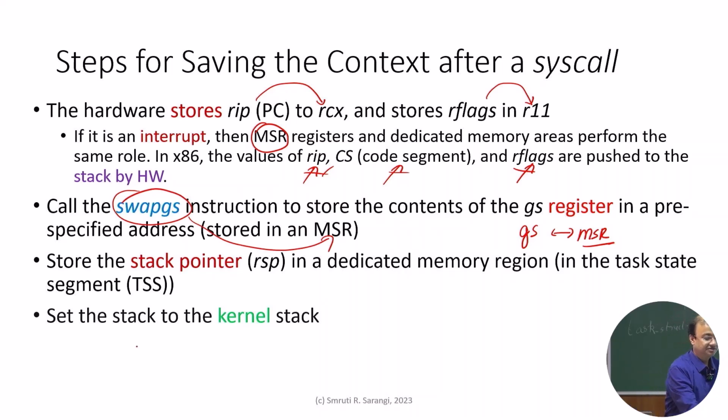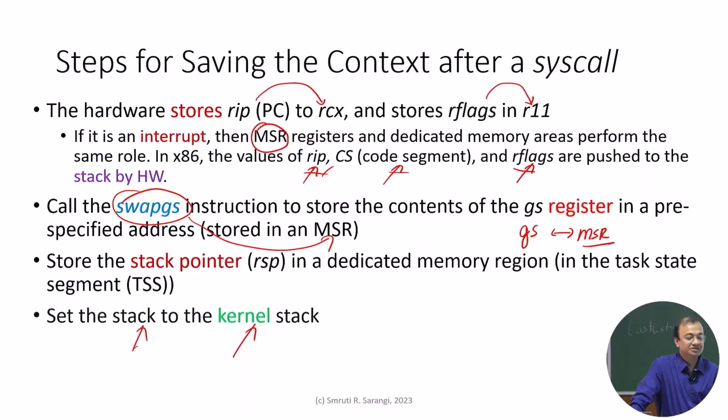Subsequently, we set the stack to the kernel stack and do the rest of the context saving process. So the takeaway point here is that the hardware, in the case of a system call, will assume that RCX and R11 are free. So it will save the program counter and the flags into these two registers. Interrupts arrive unannounced. That is why these important pieces of information, namely these registers, are stored on the stack.